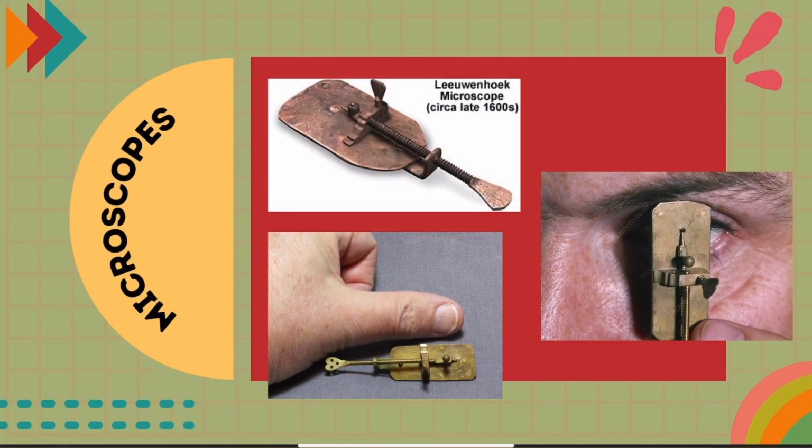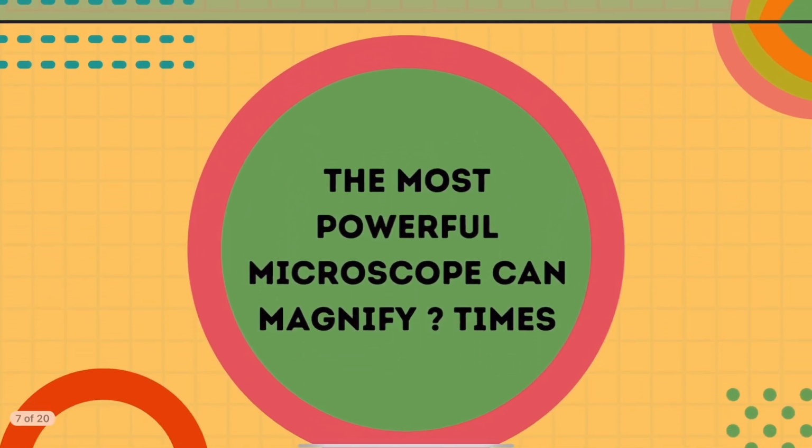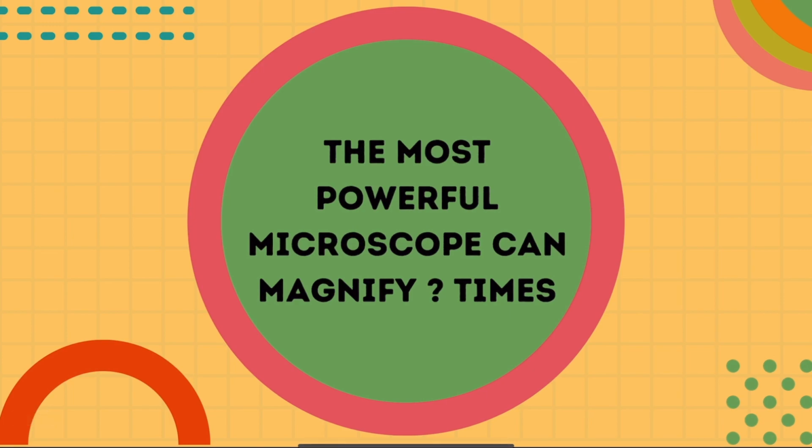And of course, it was very fascinating for the scientists at that time. And from that point on, many advancement and refinement, especially in lenses, were able to be accomplished by several companies. And now we can see more compared to what they can see with one of the first few models of microscopes.